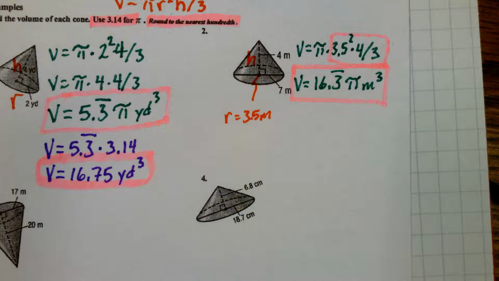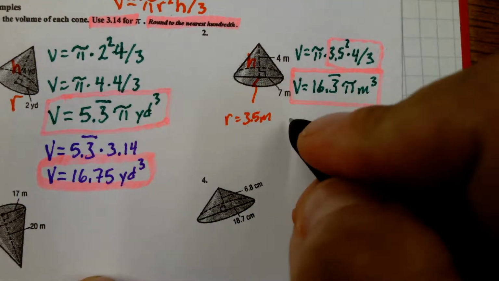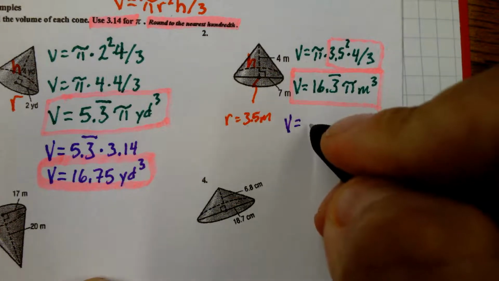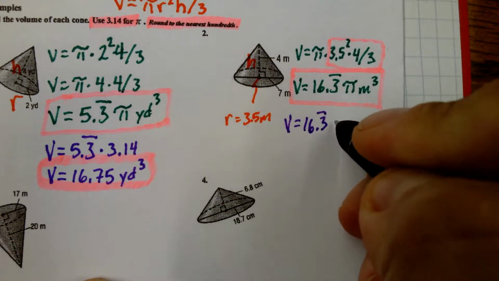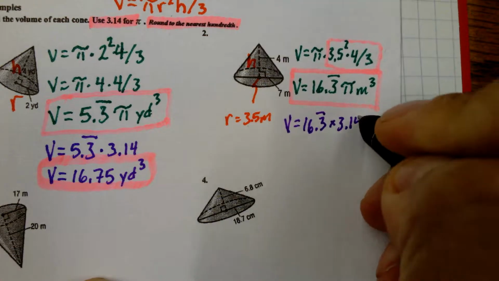So now let's get our approximate answer by using 3.14 for pi. So it's going to be 16.3 repeating times 3.14.